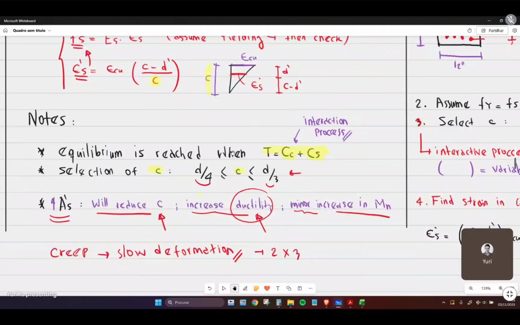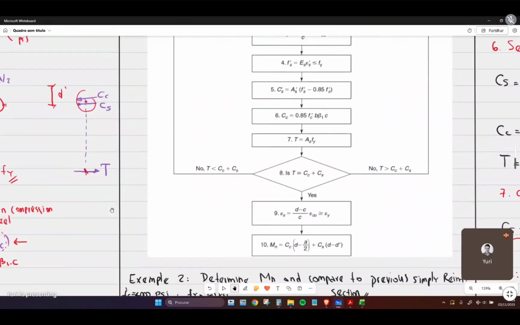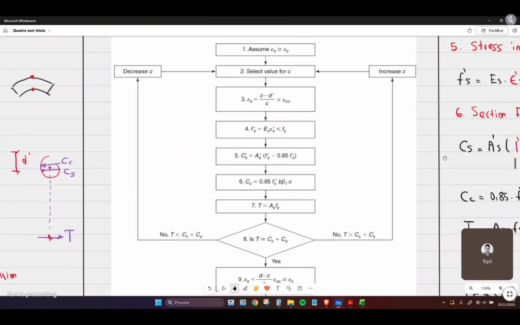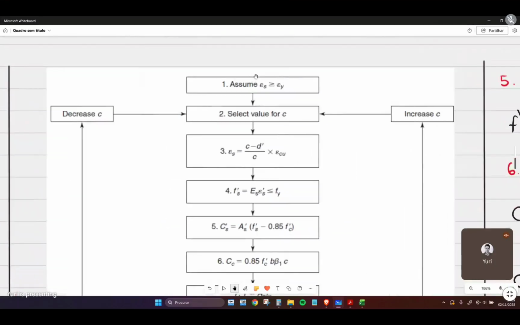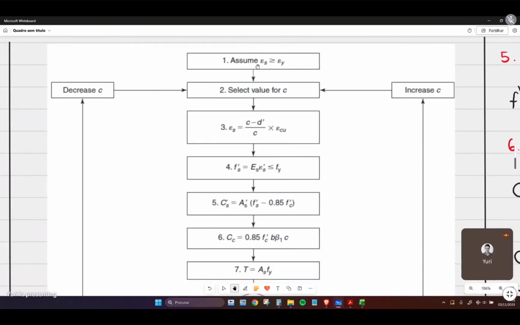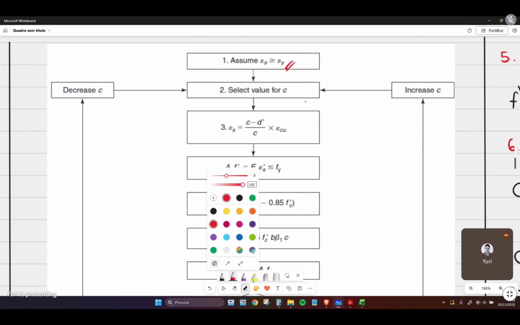I also put here the process from the book of McGregor. What are we going to do throughout the steps? First of all, we assume that the tension reinforcement is yielding. Okay, so we assume that there is yielding first, and then we select c, and then check deformation.